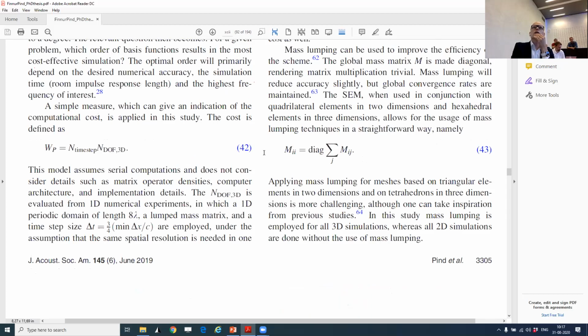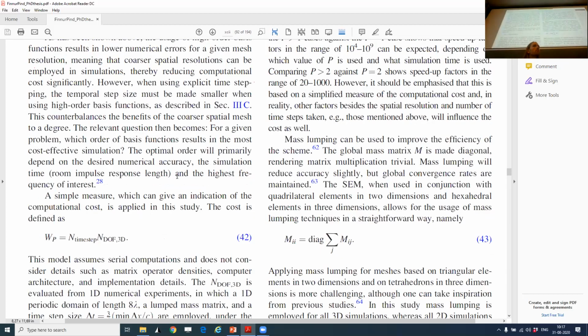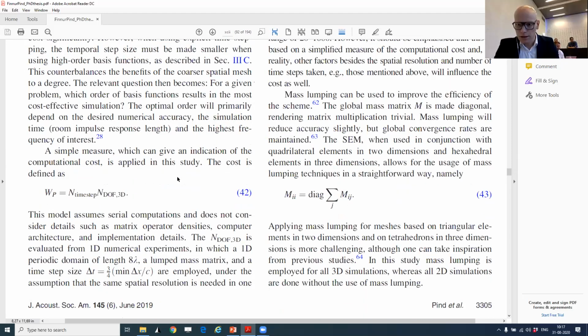So you somehow find a way to simplify it to speed up the calculation. You have there the matrix M_ij, and it seems that you use the diagonals of it in your calculation.